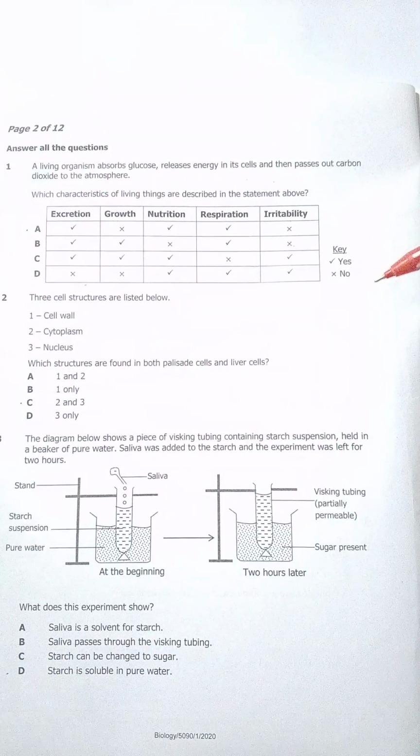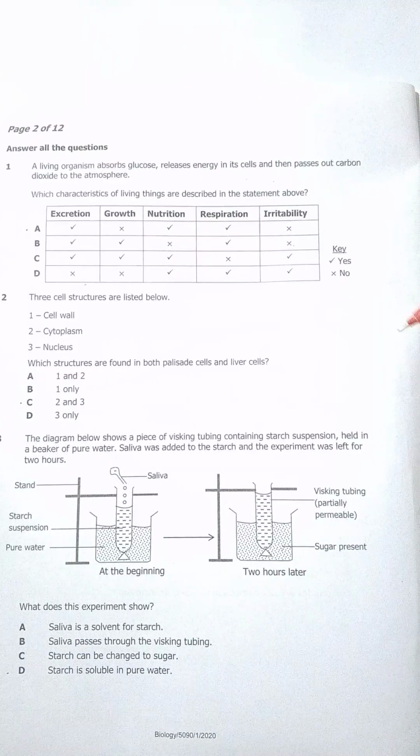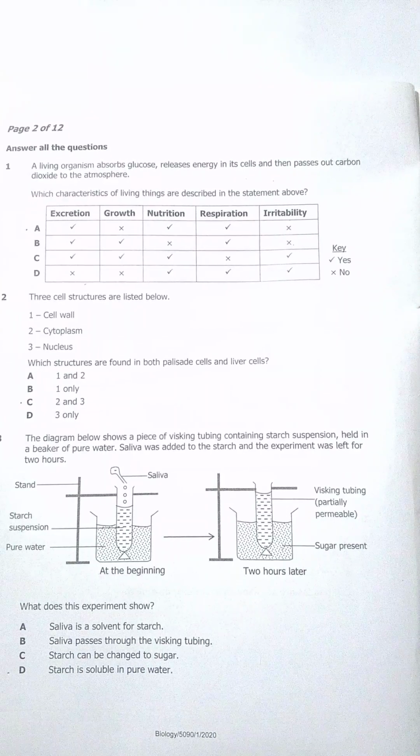Then question 3. The diagram below shows a piece of viscose tubing containing starch suspension held in a beaker of pure water. Saliva was added to the starch and the experiment was left for 2 hours. So these are 2 diagrams which we have been provided with.